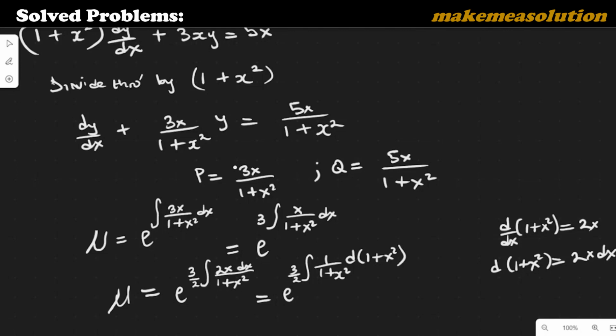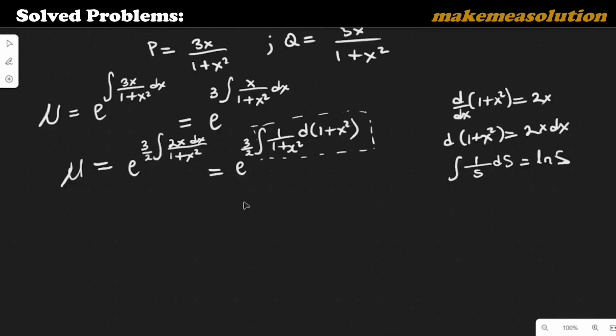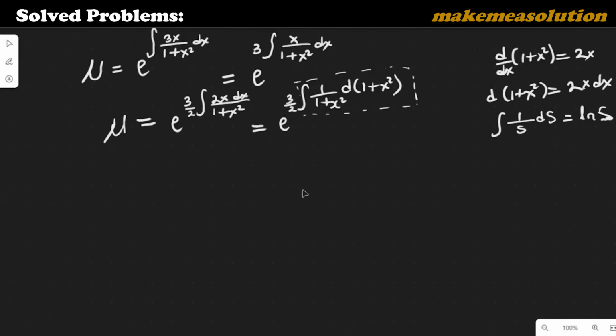And remember, this integral now conforms to what I've established: the integral of 1 over something, d of something, is ln of something. So this technique of integration by substitution is very, very important, as you have seen in this particular case.